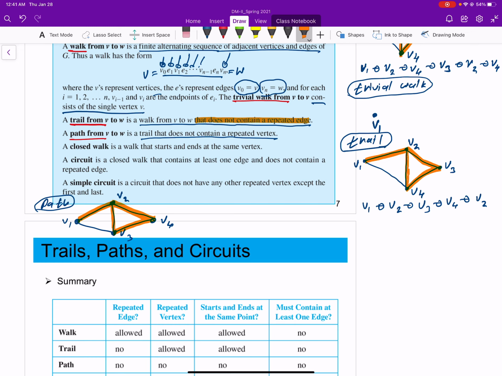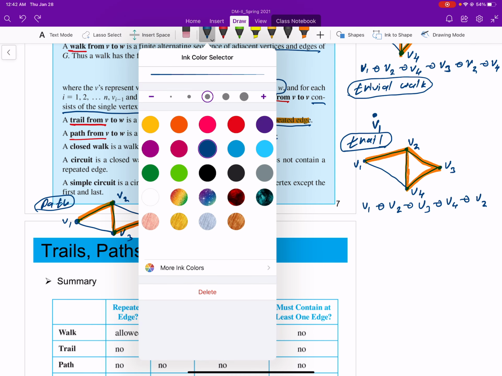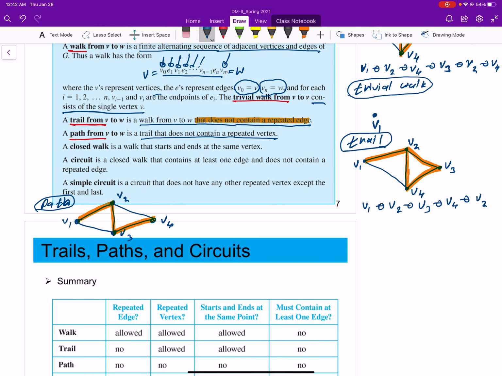You are not allowed to do that, because if you do that, this vertex is repeated. That vertex is repeated. So that is not a path. So let me edit it. This is of course a path. Keep that as the path. So this is the way you move. The dynamic is like this: V1 to V2 to V3 to V4. So that's the dynamics.